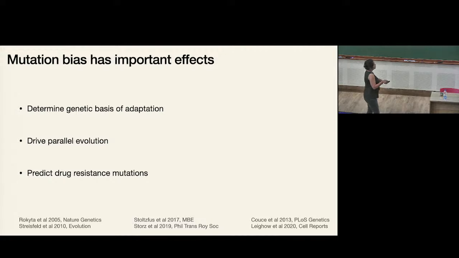Again, I'll show you some examples of this, and this is also important in the context of predicting drug resistance mutations. It's a very nice study that came out a few years ago, where they looked at different kinds of cancers in large patient populations, and they identified which mutations were responsible for drug resistance, where these tumors were not responding to drugs that were given.